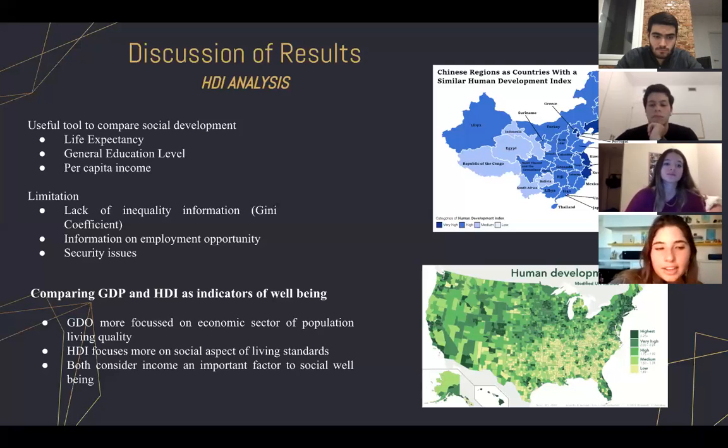Both consider income as a relevant indicator of well-being since it is directly related to purchasing power, and without it, people are unable to live decently. The positive correlation between HDI and GDP per capita displays that one naturally depends on the other, especially in free market economies.